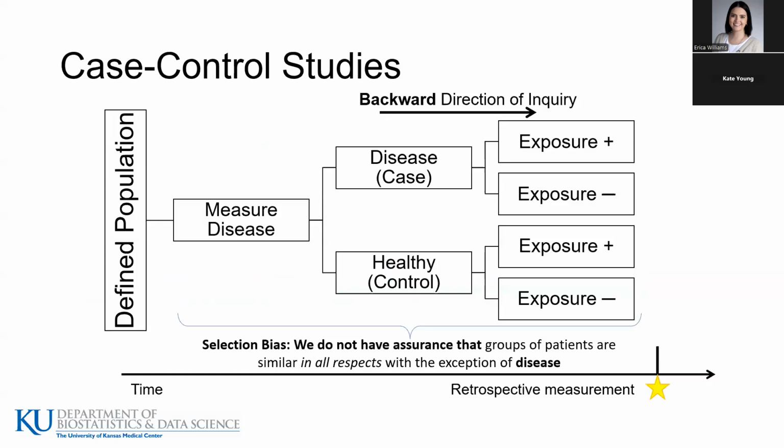And if you're selecting patients based on whether they have an exposure or not, that would be a retrospective cohort study. So they're similar, but it all depends on how you're selecting the patient population.